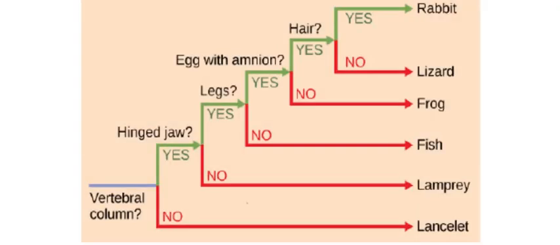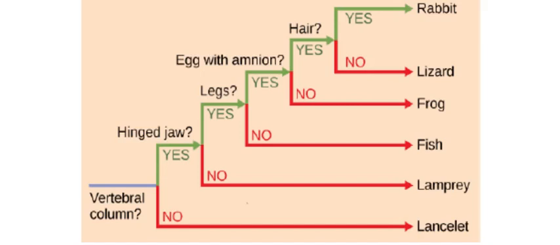Again, using Figure 12.5, the tree shows that the oldest trait is the vertebral column, followed by hinged jaws and so forth. Remember that any phylogenetic tree is a part of the greater whole, and similar to a real tree, it does not grow in only one direction after a new branch develops.